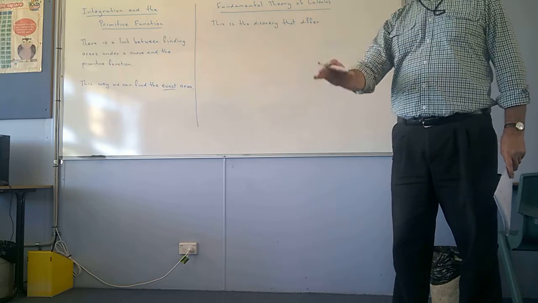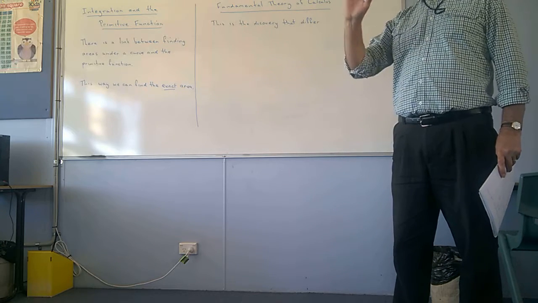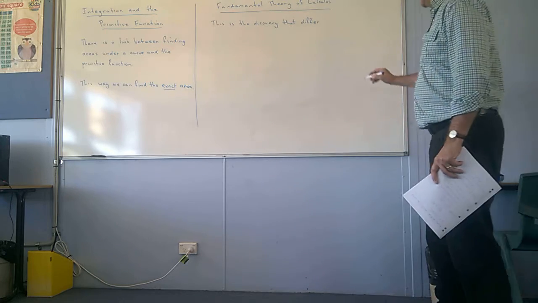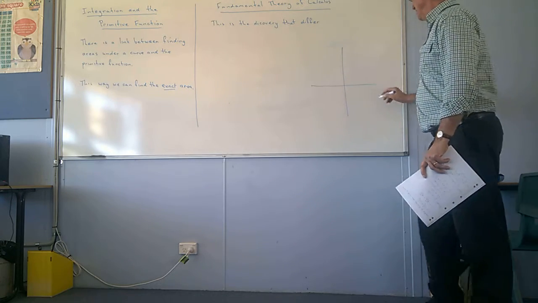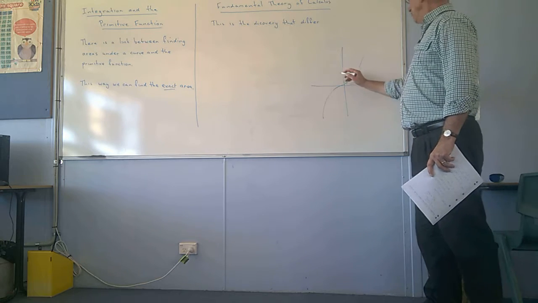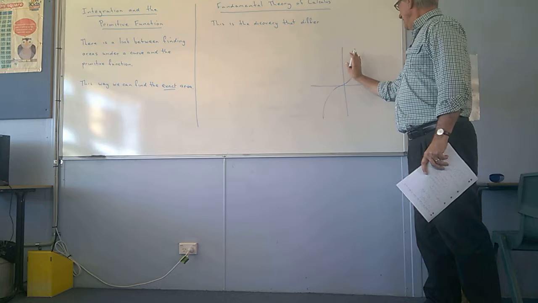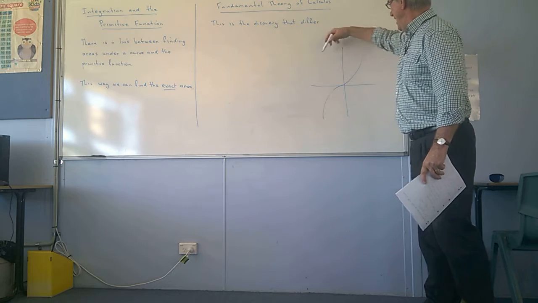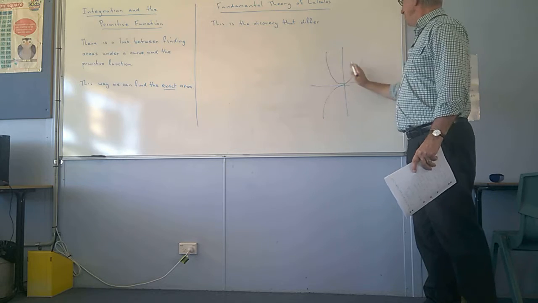What we're doing now is looking at area under a curve, and at the end of this chapter we talk about if we've got a curve sort of like that, what would be the volume if I swung that curve around the y-axis? In other words, like a bowl.